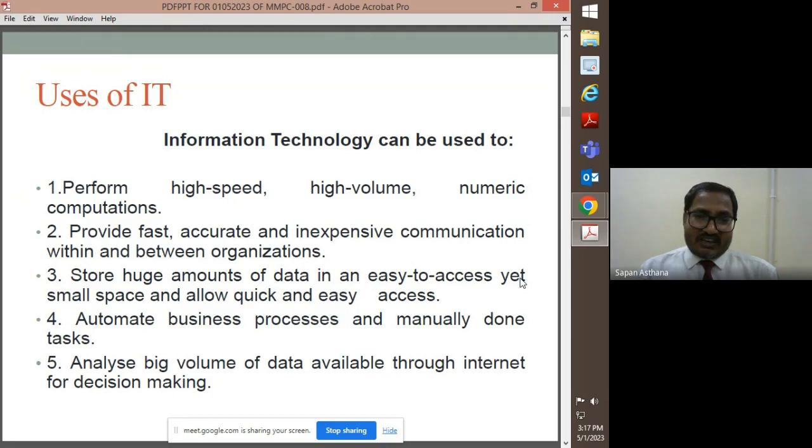Take the example, because many of you are familiar with these: one is Excel, second is Word, and third is PPT, PowerPoint presentation. And there are various other things we generally use in our day-to-day life.